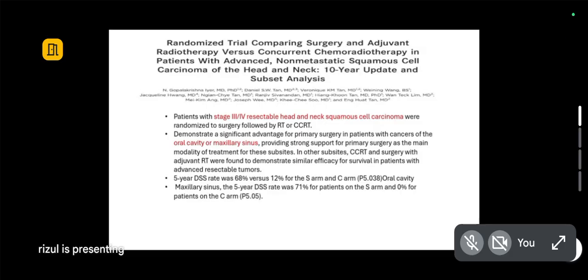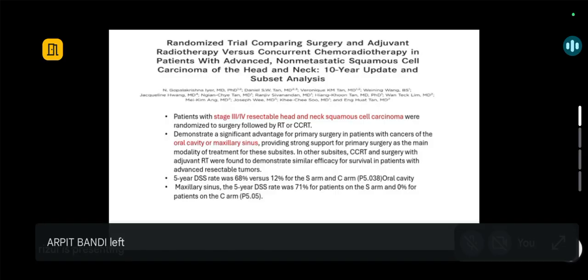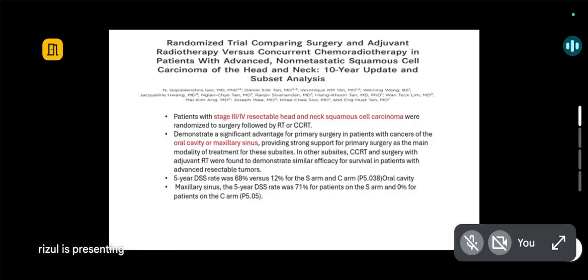Then there was another trial by Gopal Krishna Iyer comparing surgery and adjuvant radiotherapy versus concurrent CTRT if the disease is more advanced, non-metastatic head and neck SCC.